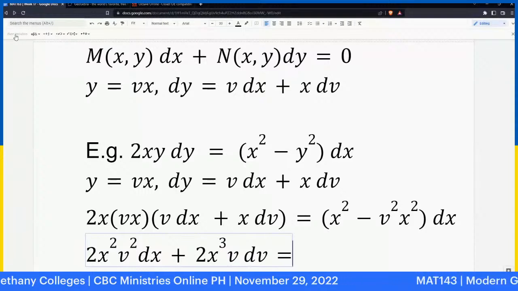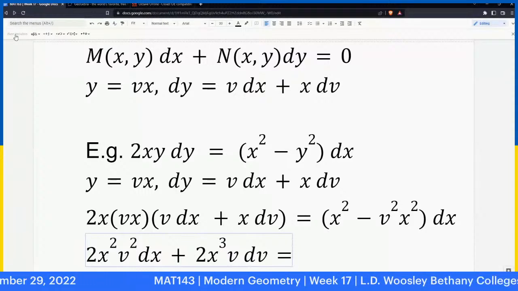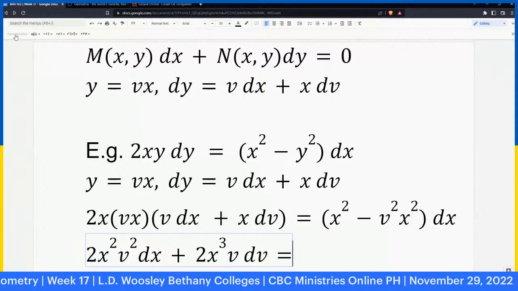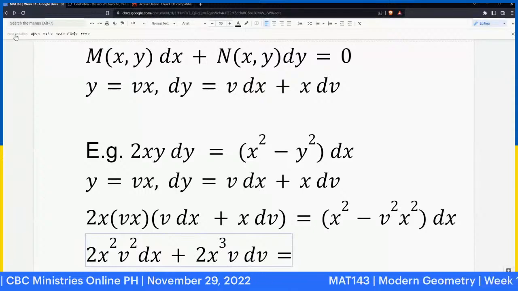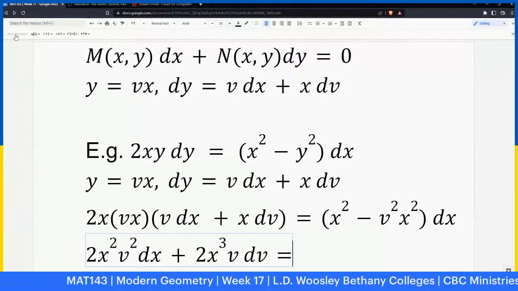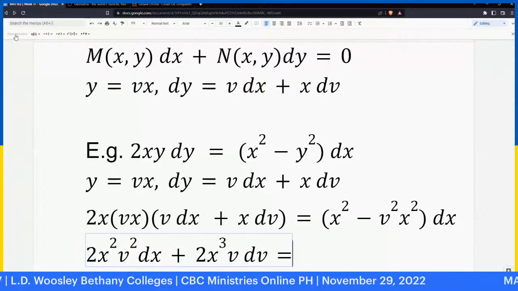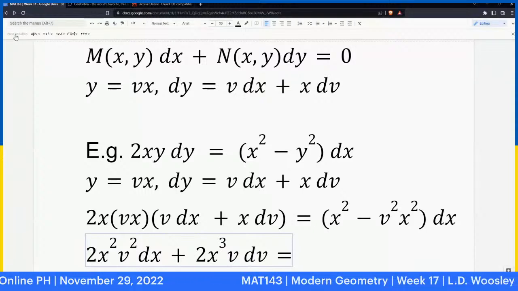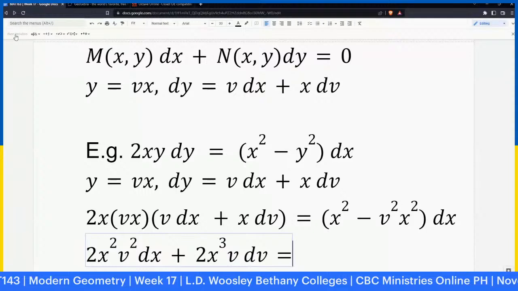Okay. For the right side, we could already factor out x squared dx. Tama? Can we factor on the right side?